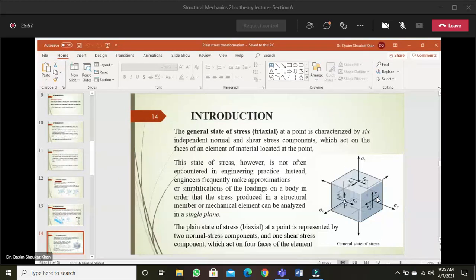This is face 1, and opposite to this is face 2. Then you have this face 3, and opposite to this you have face 4. You can see these shear stresses and normal stresses represented with a grayish colored line. Can you see this?